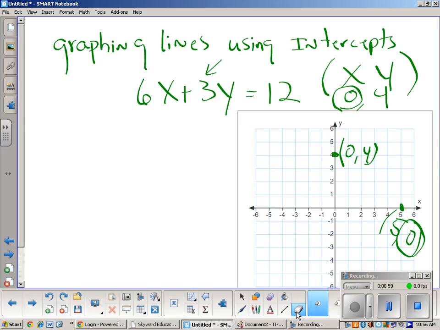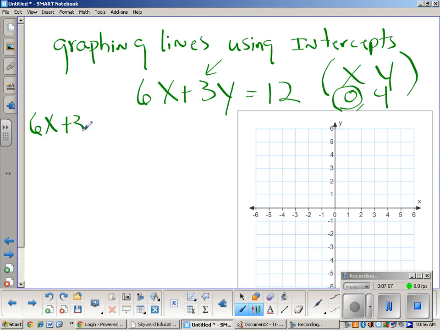Not necessarily. So let me erase this. I'm going to write this equation first, one time, and it doesn't matter if I start by finding the x-intercept or the y-intercept. I can put a 0 in for the x or the y. So let's just start by putting a 0 in for the x. Now, a lot of people are going to say, do I even have to write this?